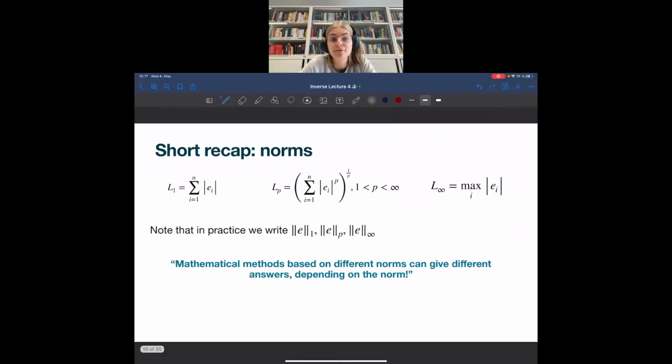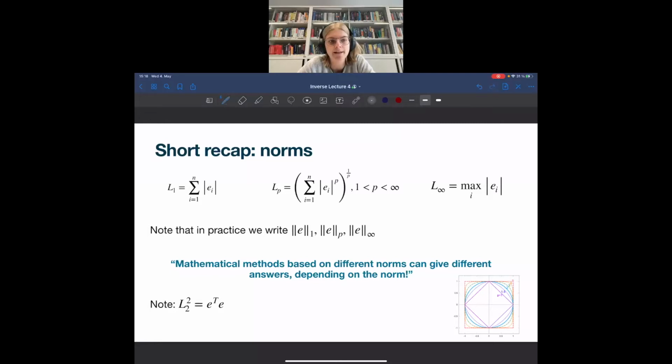We discuss different norms, and therefore mathematical methods that are based on different norms can correspondingly give different answers. So it really depends on the norm you have chosen. For example, if you look at the figure top right, you see what different norms do to vectors in R2. So we have to decide on the norm we choose before we actually go to solve the inverse problem.